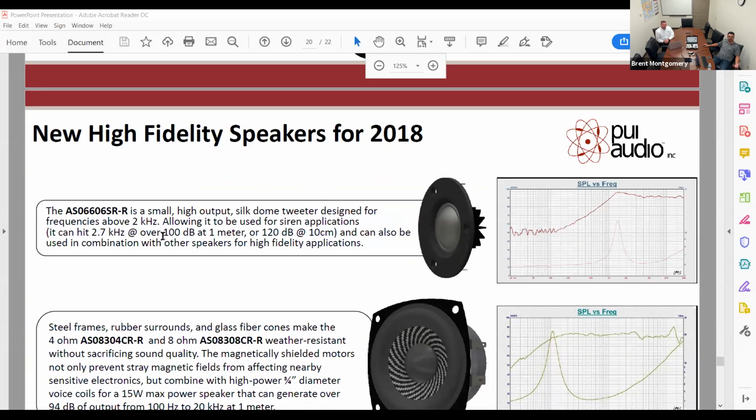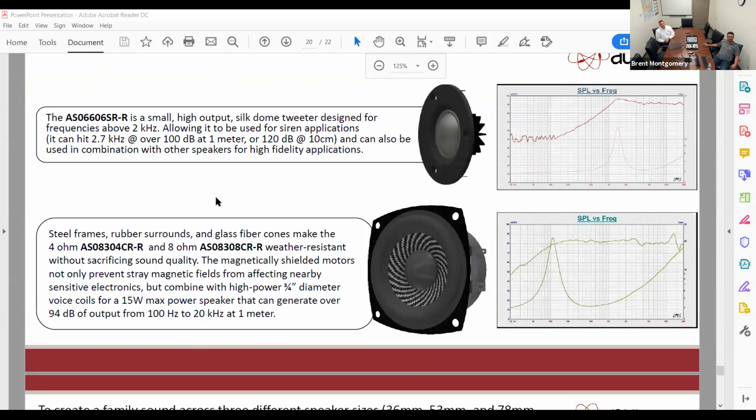It's able to generate over 100 dB at 1 meter and over 120 decibels at 10 centimeters, so you can even use this as a siren if you wanted to. We have a very weather resistant glass fiber cone 83 millimeter speaker in both 4 ohms and 8 ohms. If you're using a speaker in an area that's prone to vandalization or wet climates, this would be a really good speaker to choose.